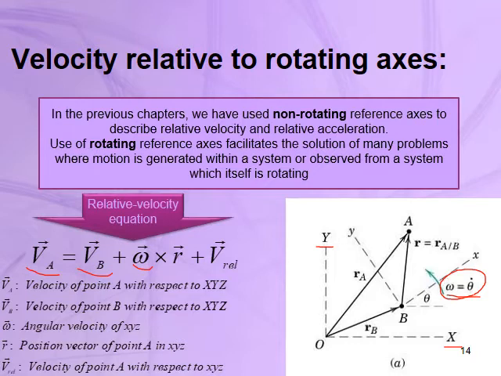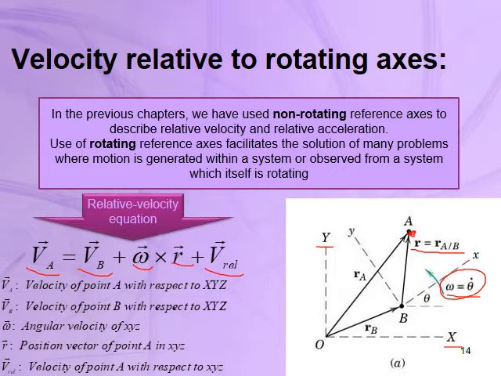R is the position vector of point A in the relative coordinate system, which here we show with R A with respect to B. So this R is the position vector in the lowercase x and y coordinate system. And finally, V relative is the velocity of point A with respect to the relative coordinate system.